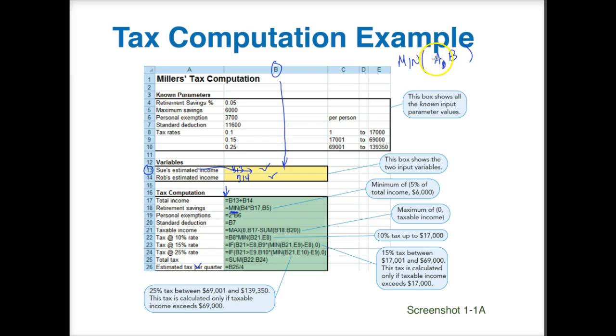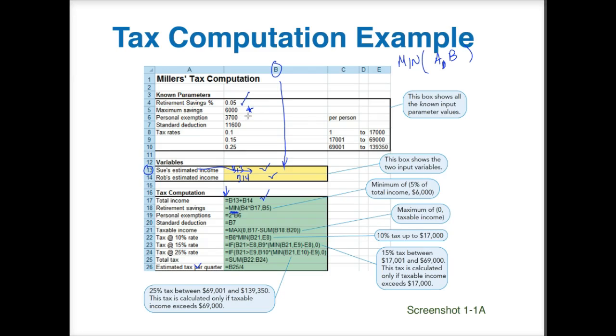So I want the minimum in between whatever value A is and whatever value B is. In this case, I want the minimum in between what B4 times B17 is. If you look at B4, that is the 5% that I'm saving of all my income. B17 is this cell right here. So I want the minimum in between 5% of whatever it is both Sue and Rob make together and what B5 is, which is the $6,000 allowed by the government.